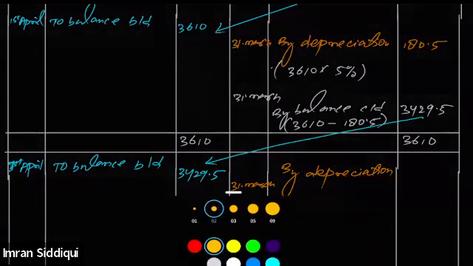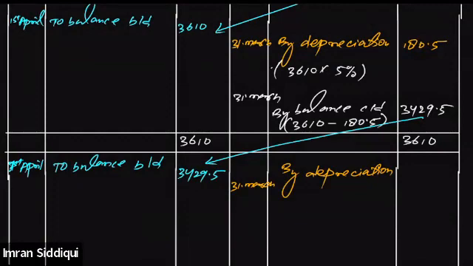This time depreciation will be calculated at the written down value of the third year, which is 3429.5, and on this amount we'll calculate depreciation at 5% per annum, which is 171.47.